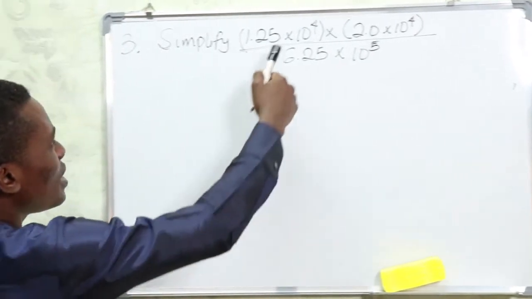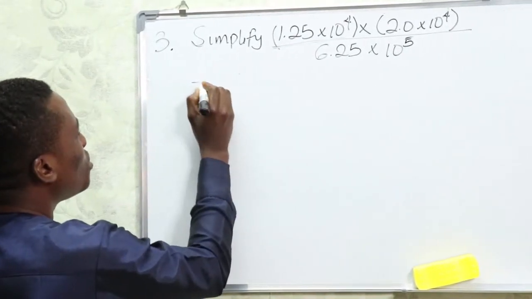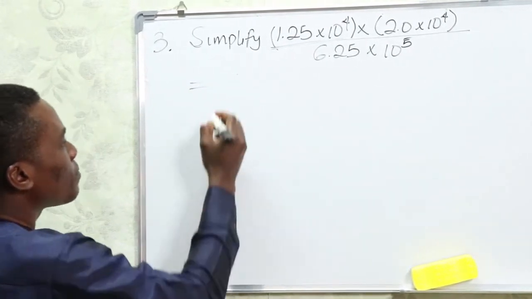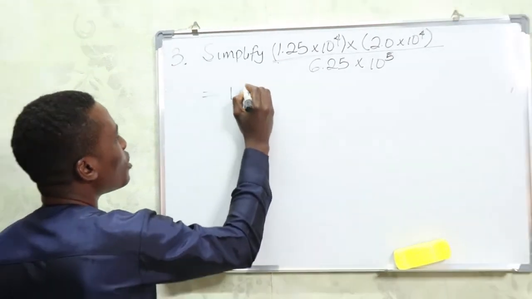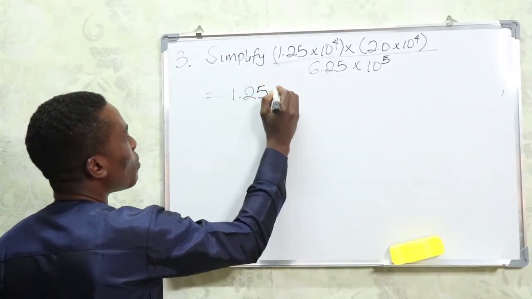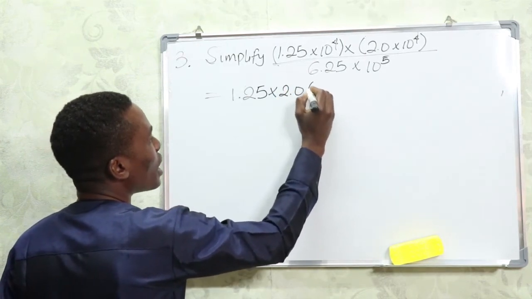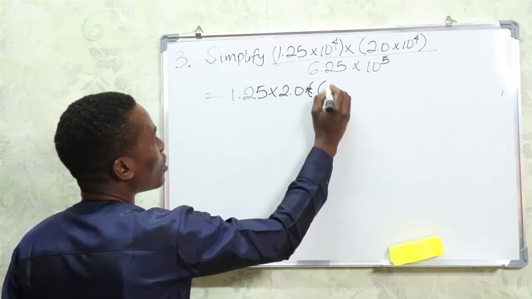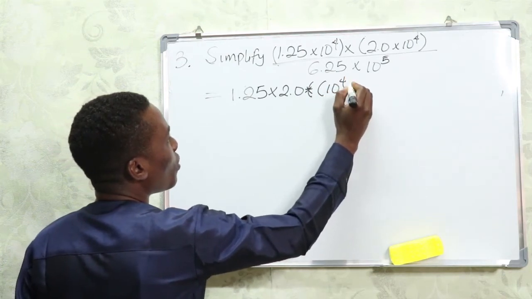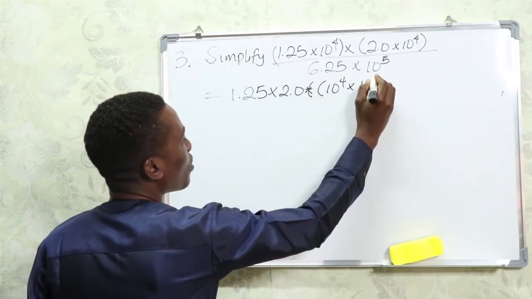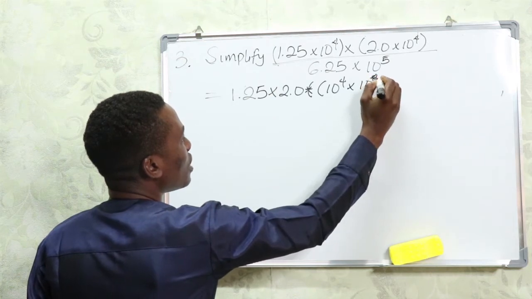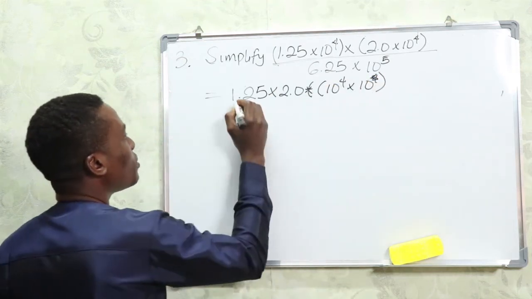Now, we are given these same values. All you need to do is to simplify. Now, we'll have our 1.25 multiplied by 2.0 times 10 raised to the power 4 multiplied by 10 raised to the power 4. We want to separate the powers from the main numbers.